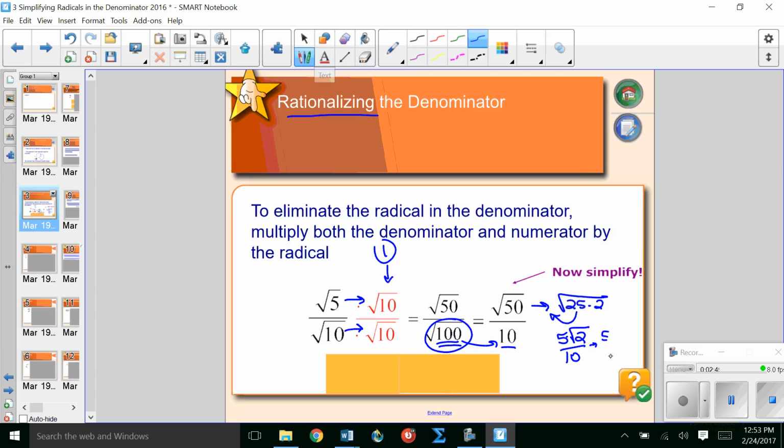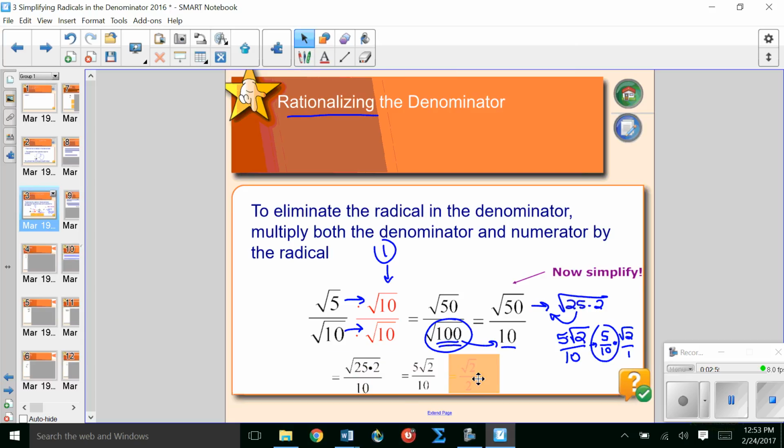You can think of this as 5 over 10 times the square root of 2 over 1 to really clearly see that 5 over 10 will further simplify to 1 over 2. So the final simplified expression for root 5 over root 10 is root 2 over 2 because the 5 and the 10 divide to be 1 half. And you can have this 1 here or you can leave it off. It doesn't make a difference.